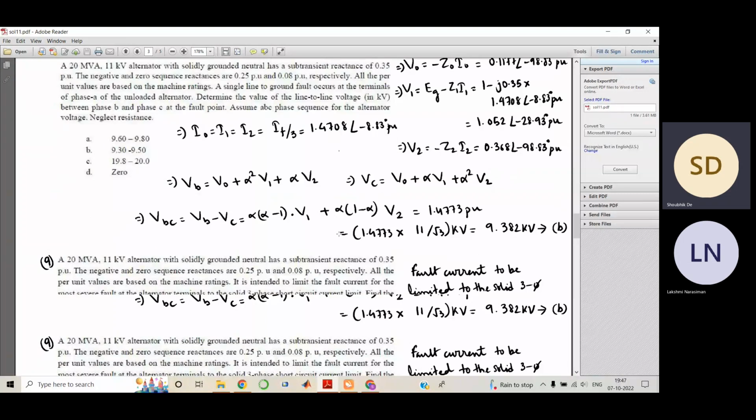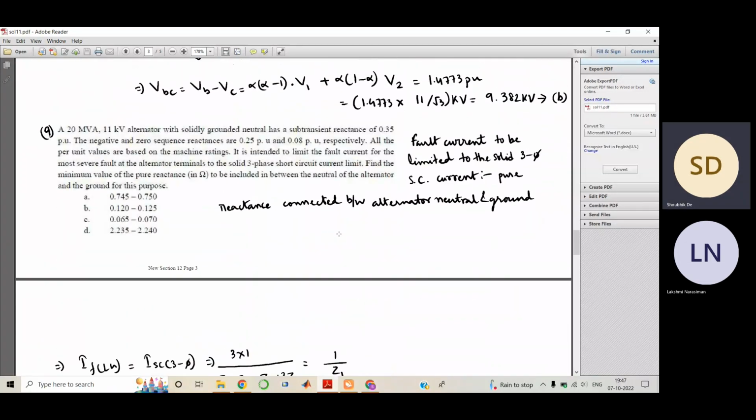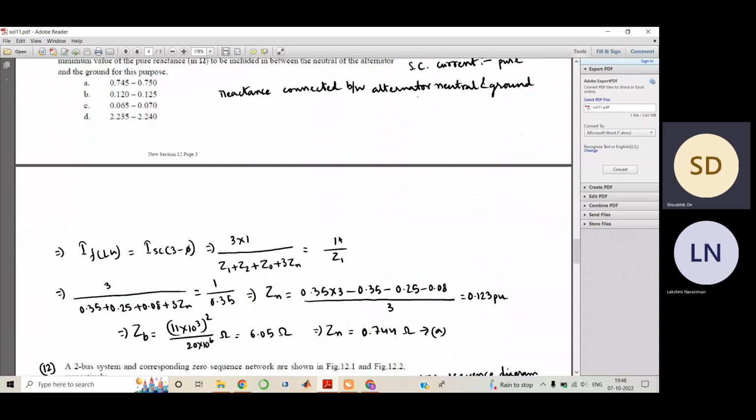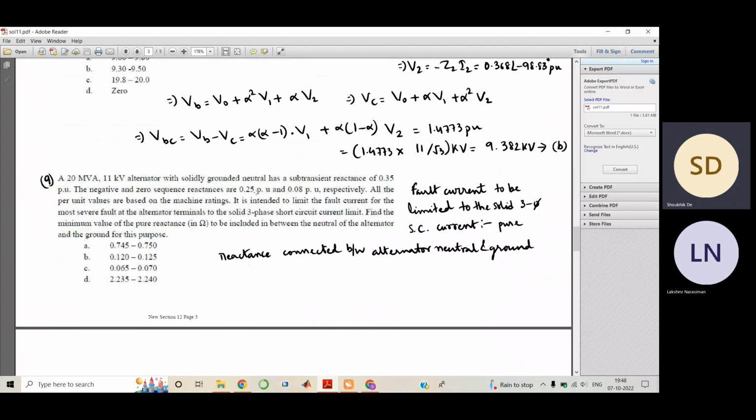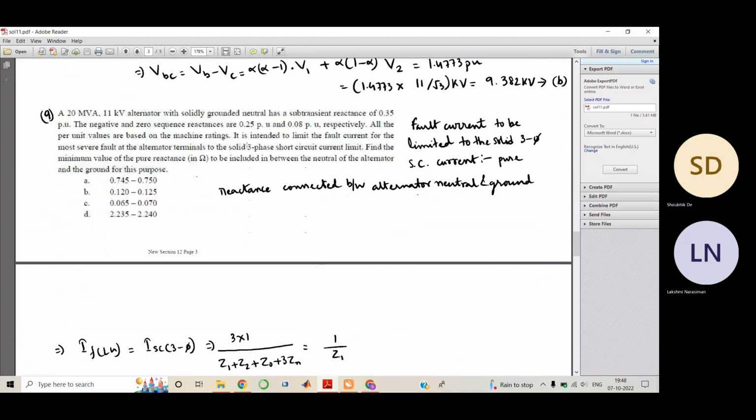Now let's come to question number 9. This is also a pretty simple problem. A 20 MVA 11 kV alternator with solidly grounded neutral, so your Xn becomes 0, has a subtransient reactance. This is the same problem as 7 and 8. Here it is intended to limit the fault current for the most severe fault at the alternator terminals to the solid three-phase short circuit current level.